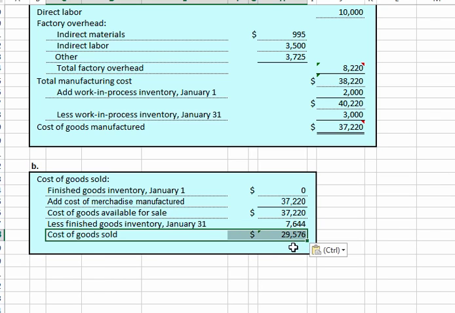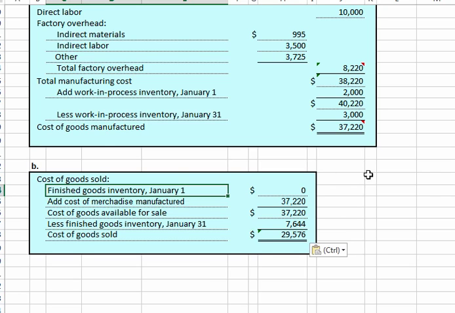So here, to calculate cost of goods sold, you take the finished goods inventory balance to start the period. It would not have to be 0, just look for that beginning balance for finished goods inventory. Add the cost of merchandise manufactured, which you could also call cost of goods manufactured, which you get from the bottom row of the statement of cost of goods manufactured.